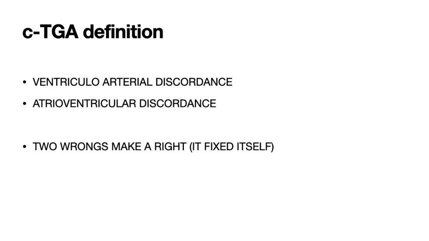So for corrected TGA, you have ventriculo-arterial discordance, and atrioventricular discordance. So in other words, you've got two wrongs, and two wrongs do make a right. So it's basically fixed itself.